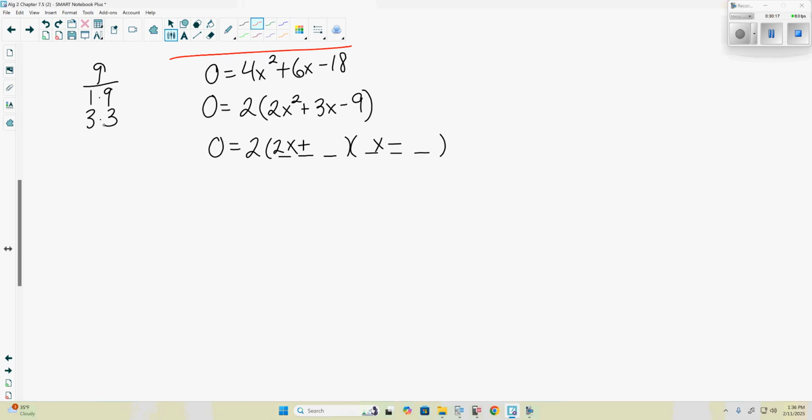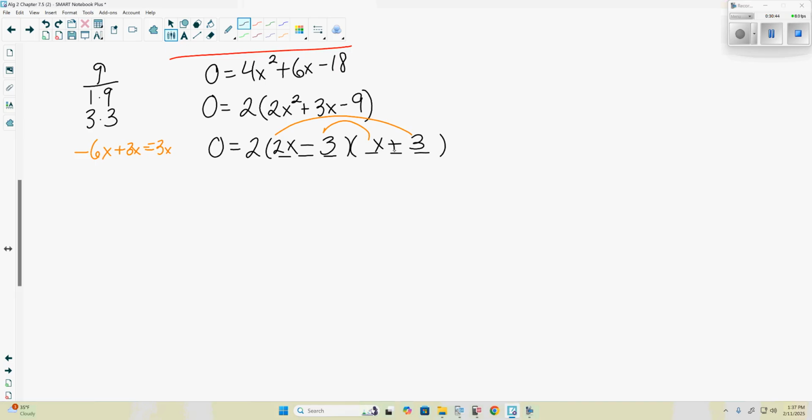And check this here. 2x times negative 3 would be negative 6x. 3 times x is plus 3x, giving us a negative 3x. Now that is the correct number, but wrong sign.